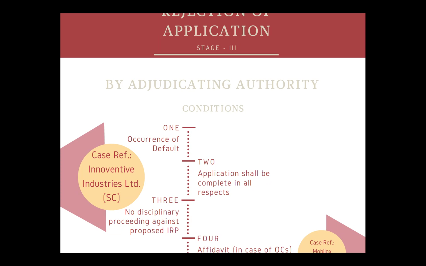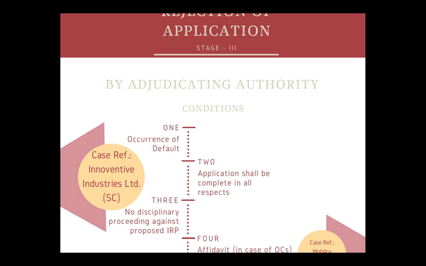Here I would like to mention that the moment CIRP has been initiated, that is, an application has been filed, the adjudicating authority has 14 days within which it has to dispose of the application, meaning whether to admit or reject it. But in most practical cases, that is not a feasible time period within which an adjudicating authority can come to a decision. So what does the court say?